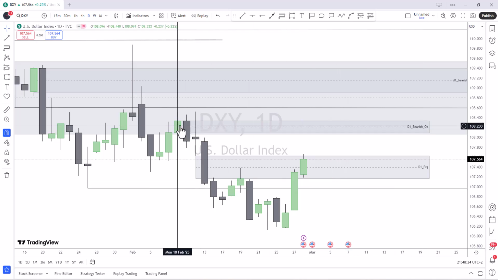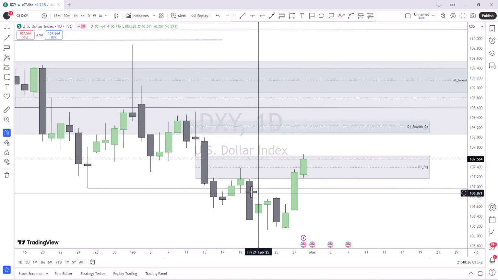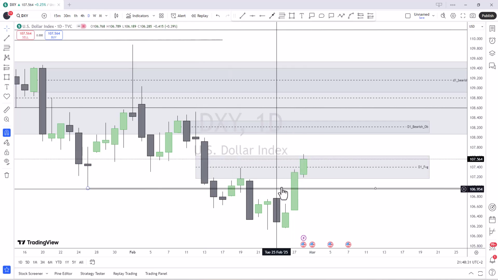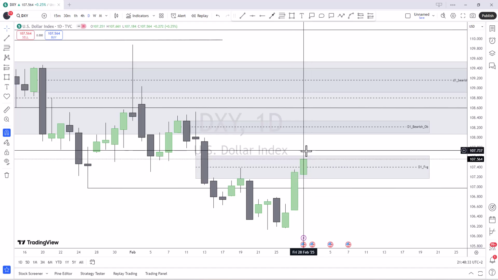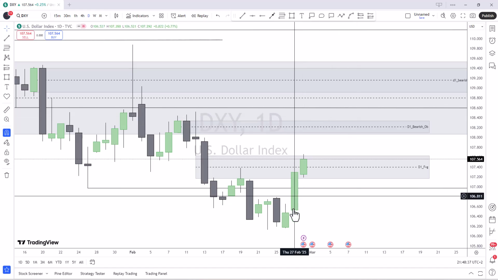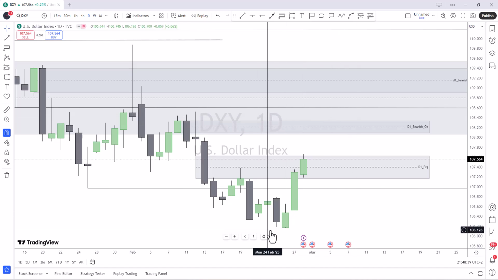So now, with that daily bearish order block and the daily fair value gap, we've got higher time frame premium areas that are likely to give us resistance and provide sellers with an opportunity to trade lower, targeting 106.13.